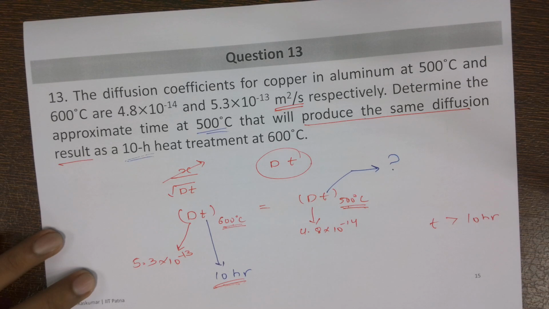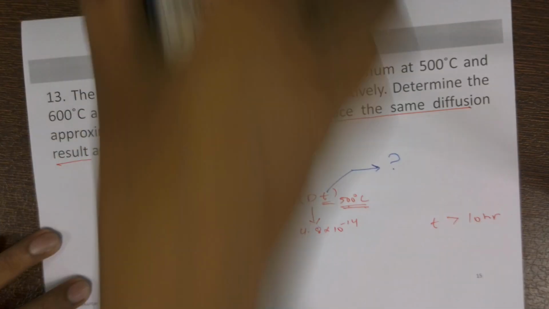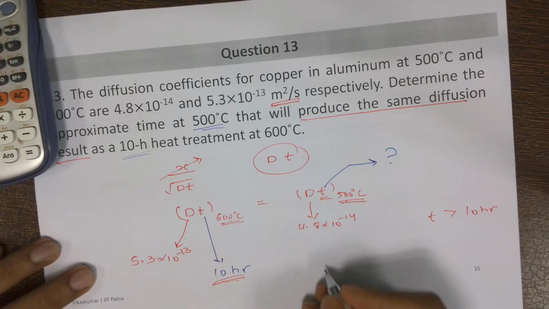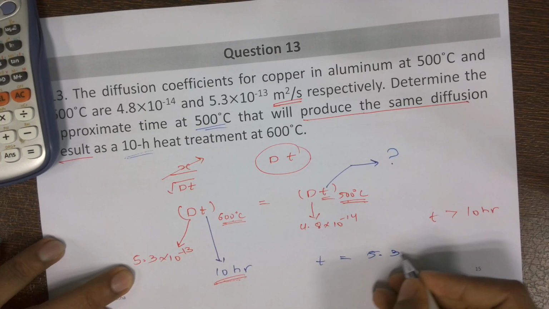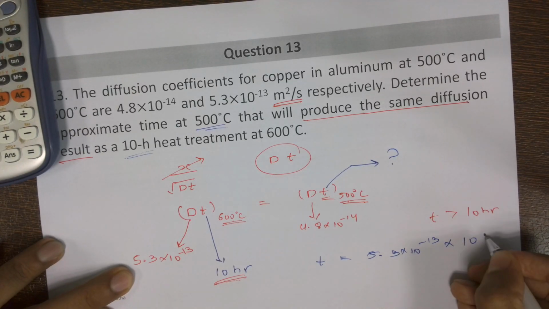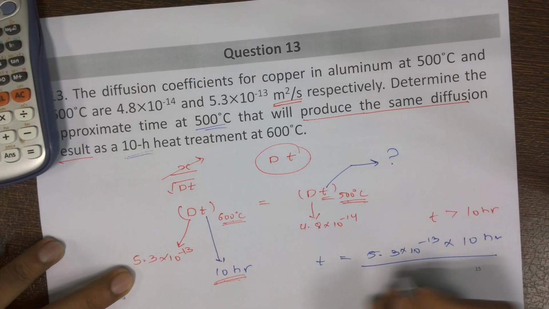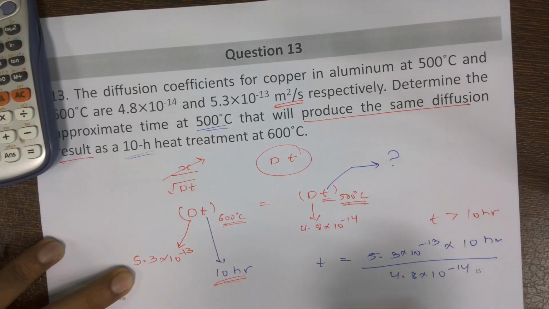Can someone quickly answer this? What is the time required over here? All the values we have with us. So what we have to find is t here. t is given by 5.3 into 10 to the power of minus 13 multiplied by the 10 hours, divided by 4.8 into 10 to the power of minus 14.